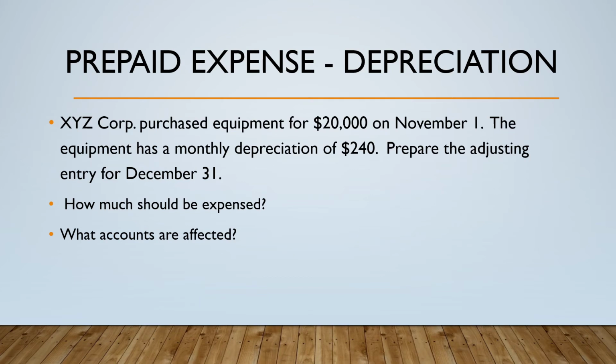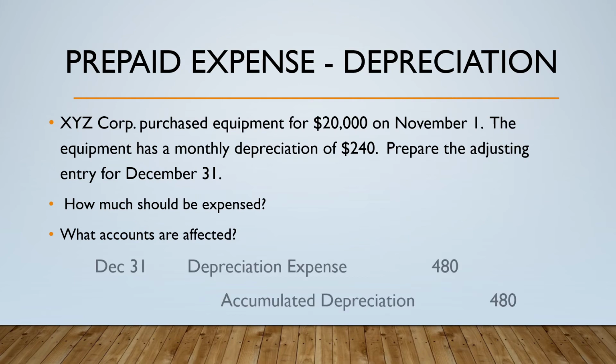This is a contra account to our equipment account, which means it'll have the opposite normal balance. The journal entry that we would see at this particular time would be depreciation expense as our debit and accumulated depreciation as our credit.